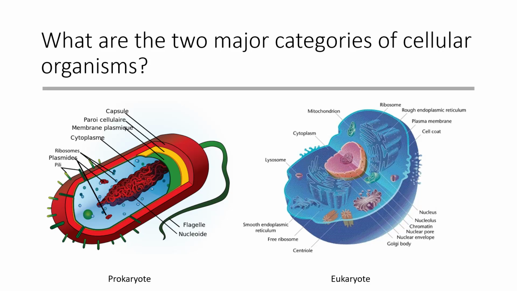So that's one of the major distinguishing factors between prokaryotes and eukaryotes. There are some other distinguishing factors, which I'm going to briefly mention here. But when we say prokaryotes, we're referring to the bacteria and Archaea.